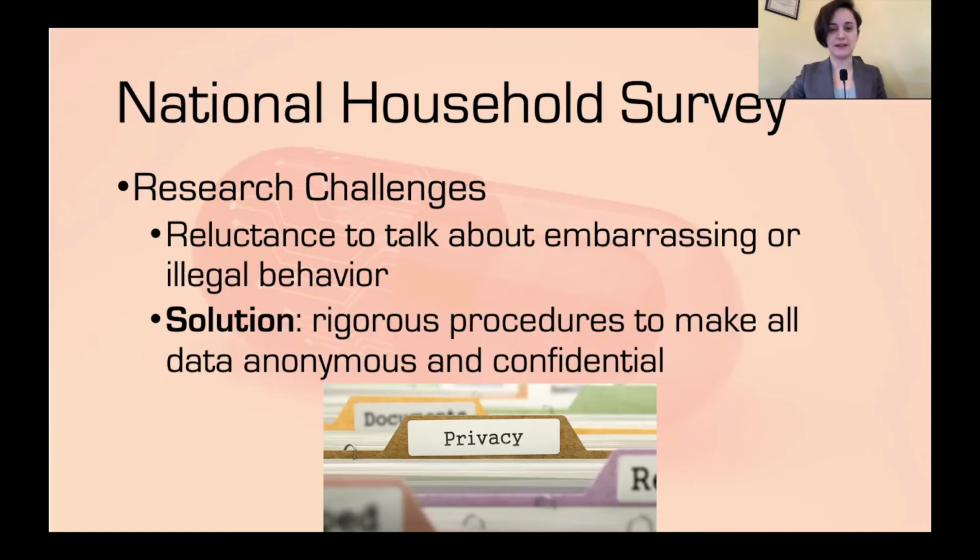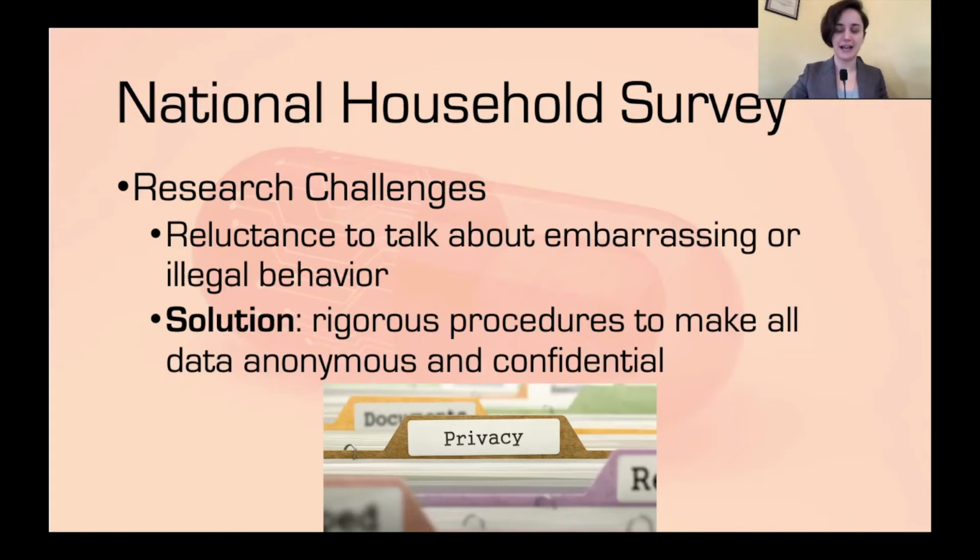Confidentiality, on the other hand, is about making sure that the procedure itself is very private. So if the researcher, for instance, talks to one individual about that one individual's drug use, the researcher does not share any specific information about that individual.